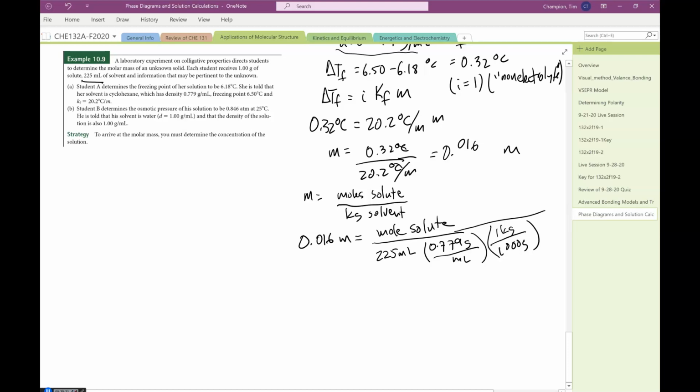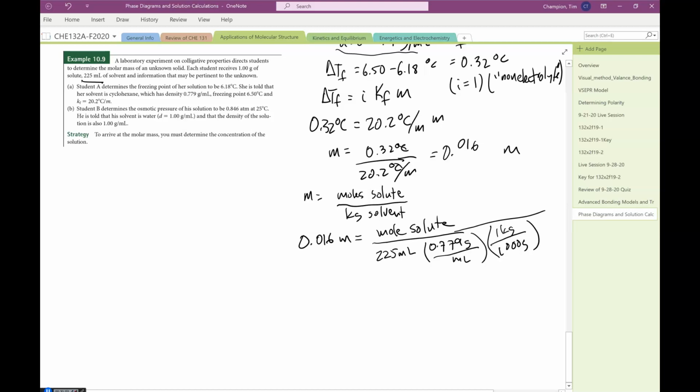Alright, I've got 225, and I am multiplying by 0.7, is it 779 or 799? 779. And that, friends, is me knowing that I might make a mistake, that I might type 0.799 when I mean 0.779.